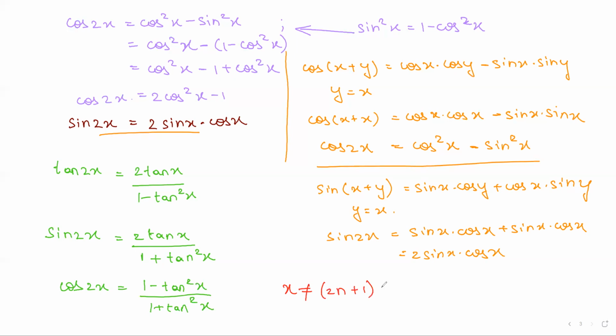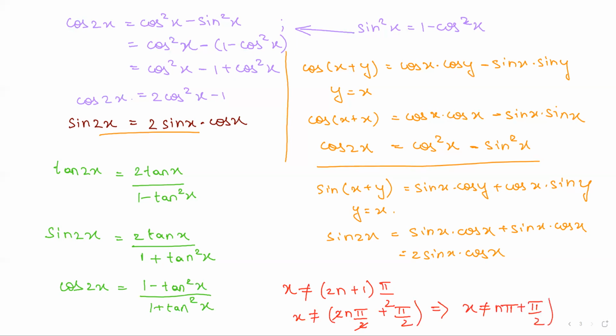Now, if you open this bracket, you can easily say that x should not be equal to 2n pi by 2 plus pi by 2, the 2 gets cancelled, or x should not be equal to n pi plus pi by 2.